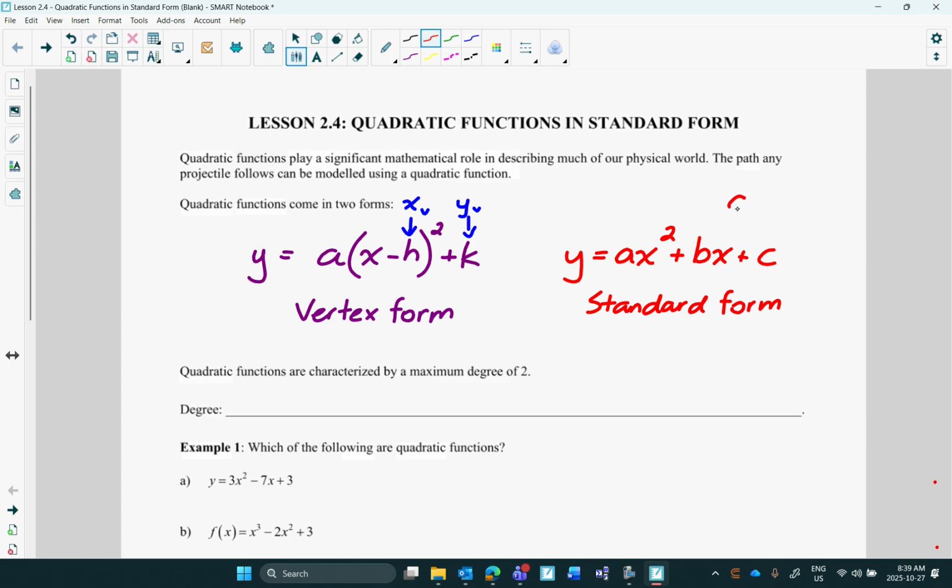And by the way, a can never be 0, because if a was 0, then you would no longer have an x squared. It's no longer a quadratic function or a parabola when you graph it. Okay. So we're going to start working with this form now.